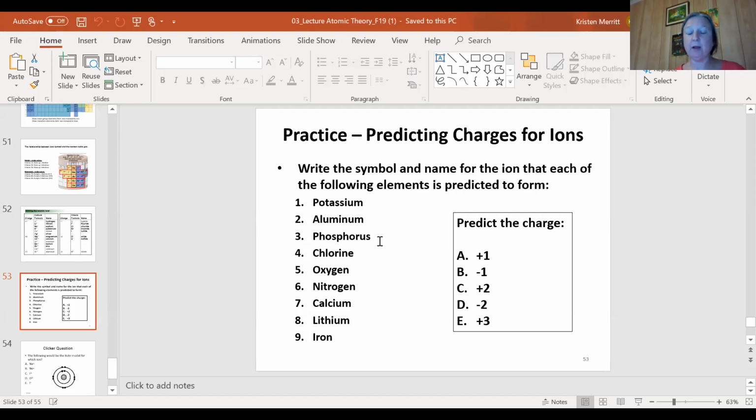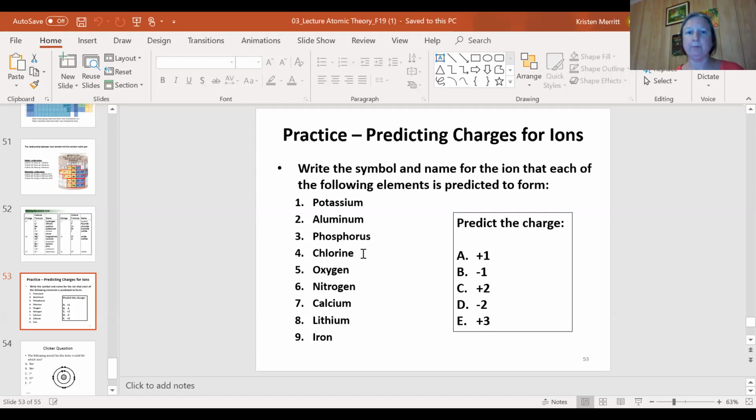Phosphorus is over at 5A. For phosphorus, it's easier for it to gain 1, 2, 3. All right, that's not one of our choices. 1, 2, 3. Well, -3 is not on here for some reason, because phosphorus would gain 3 electrons.